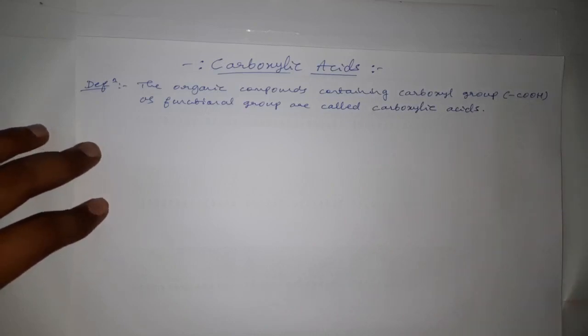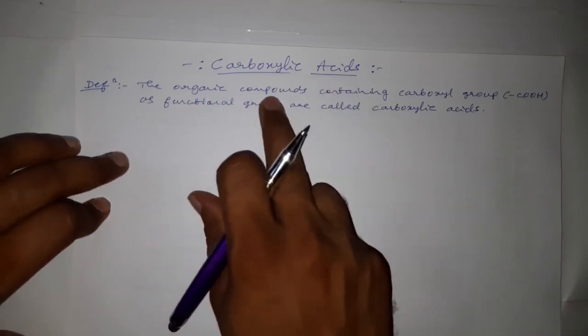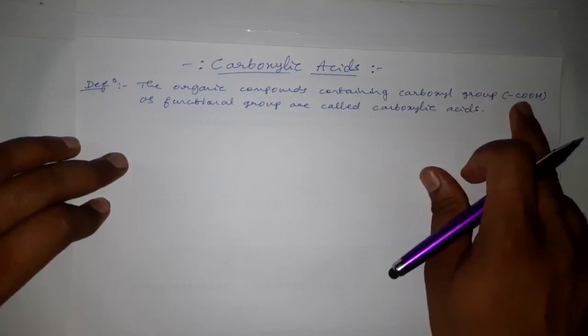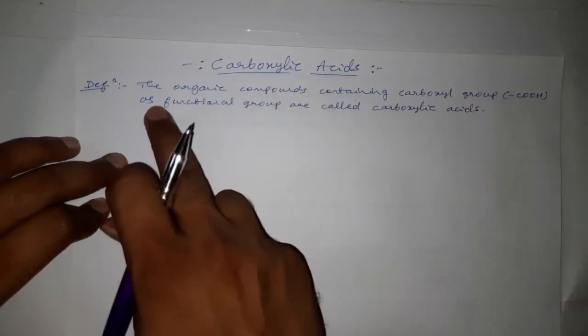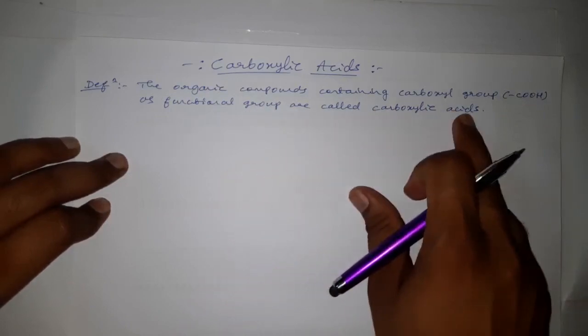Okay, dear students, how can we define the carboxylic acids? The organic compounds which are containing carboxyl group, that is COOH group, as a functional group are called carboxylic acids.